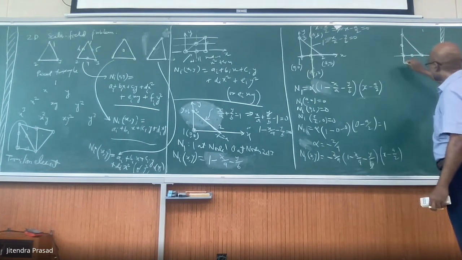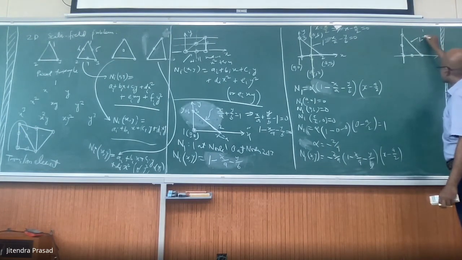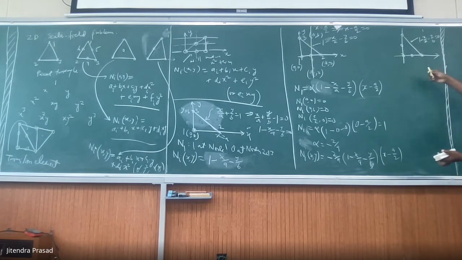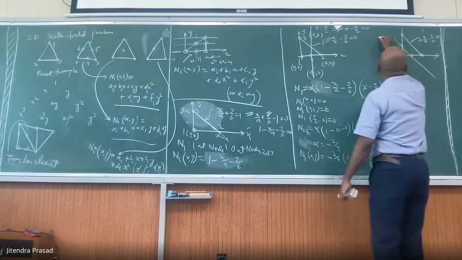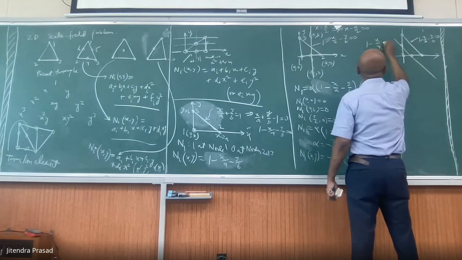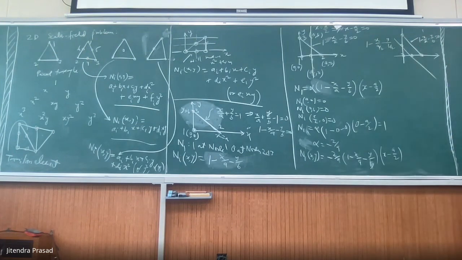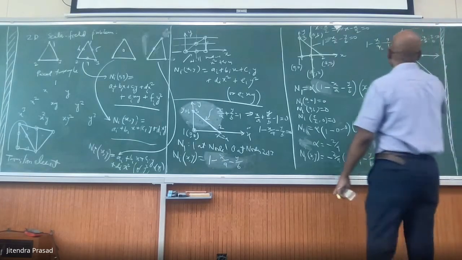This is 1 minus x over a minus y over b equals 0, and then the other line, y equal to b over 2. Otherwise it will be a cubic, and this one is 1 minus 2x over a minus 2y over b, and that will make a quadratic. Indirectly we are doing the same thing, bringing in those coefficients, but here it is faster. You don't have to invert a matrix to find the coefficients.